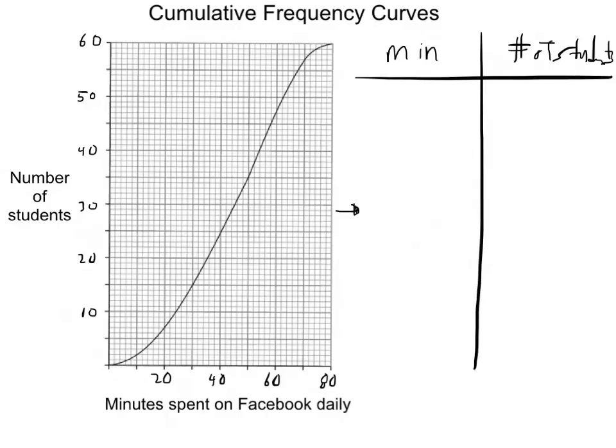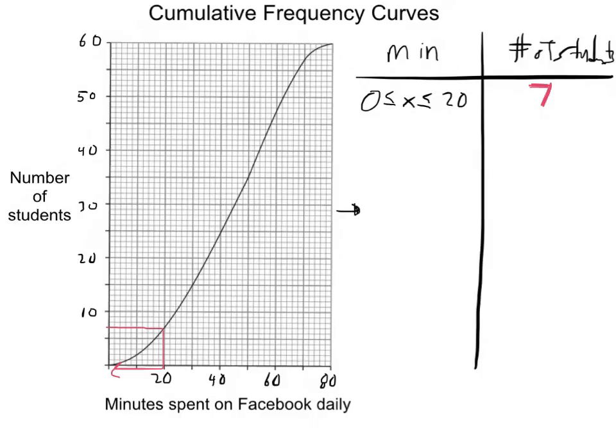We could ask, how many students spent between 0 and, let's say, 20 minutes on Facebook? Well, 20 goes up and then comes across right here. That number is 7. So there were 7 students that spent 20 minutes or less on Facebook.